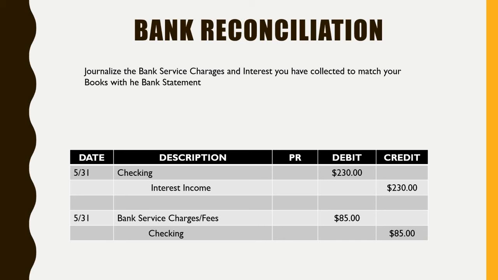That goes towards your checking account, so you're going to add the $230. But the things that you had to pay were bank service charges. The bank service charge is an expense that you incurred for getting the bank to work with you, and that's going to take away from your checking account for the $85. Okay? Simple. This is the easy part here.